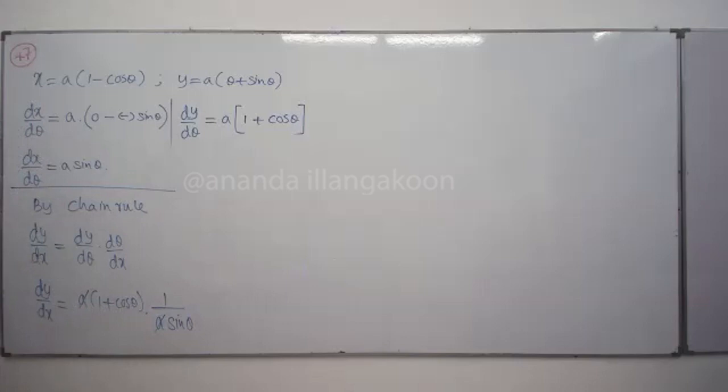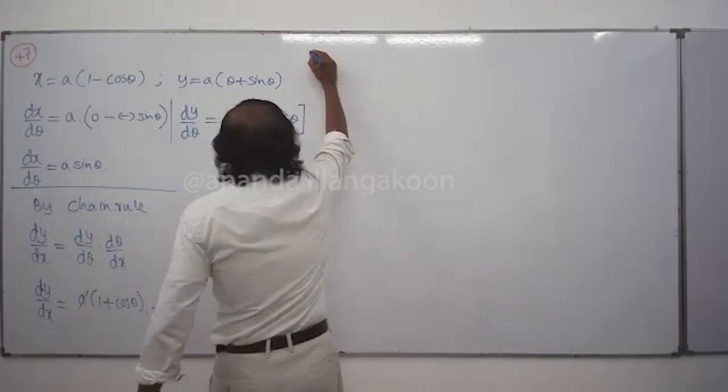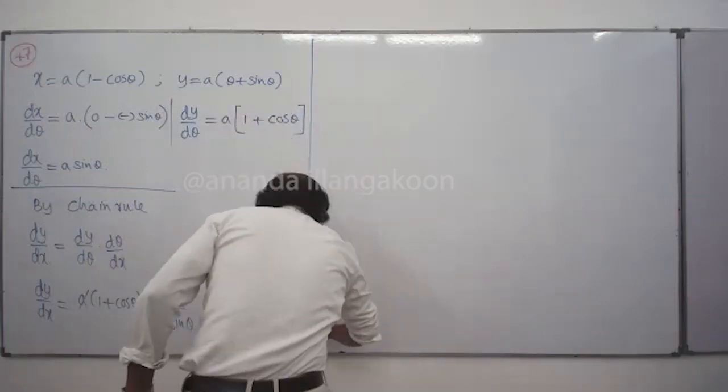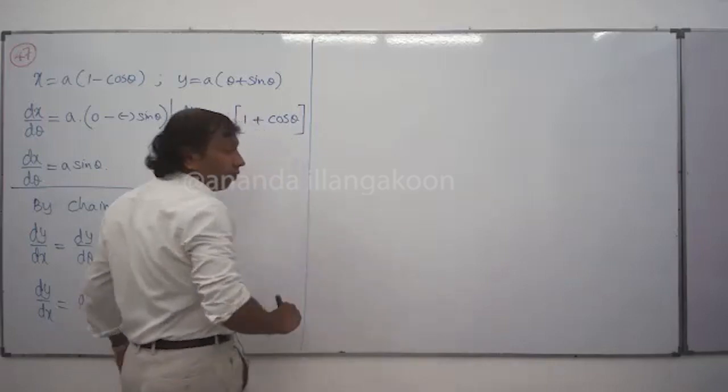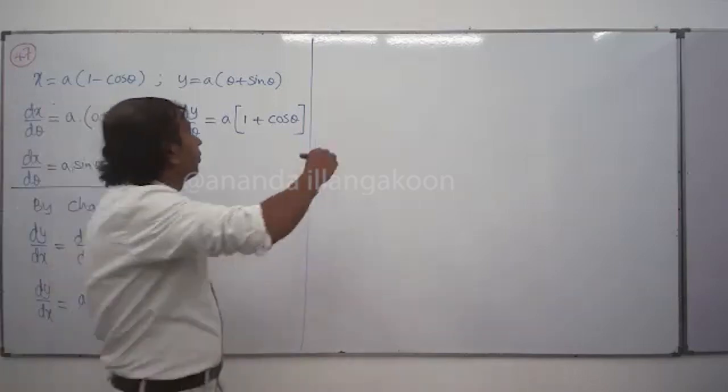Now we need the second derivative. Right? Second derivative. Okay. This time we are not asked to develop a differential equation. So therefore, second derivative we need to find. Now this time I am not going to use cross multiplication.